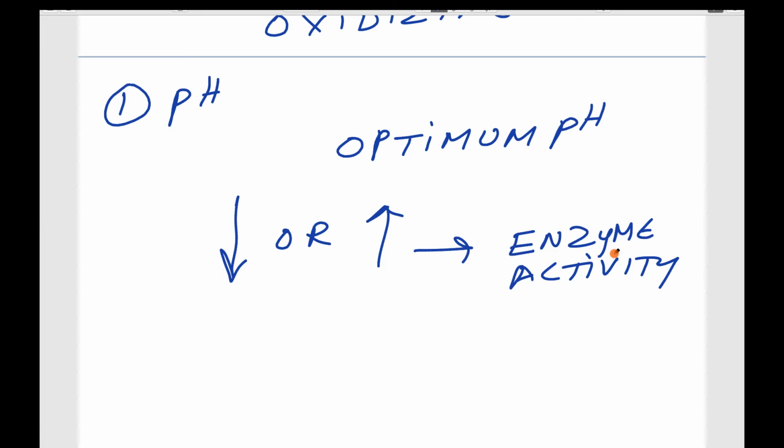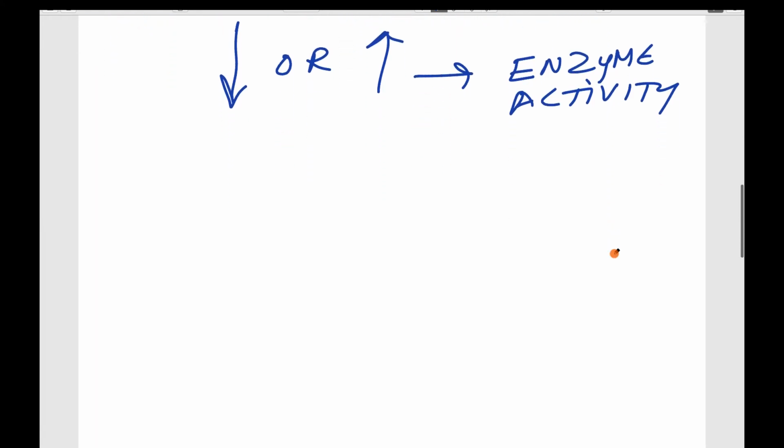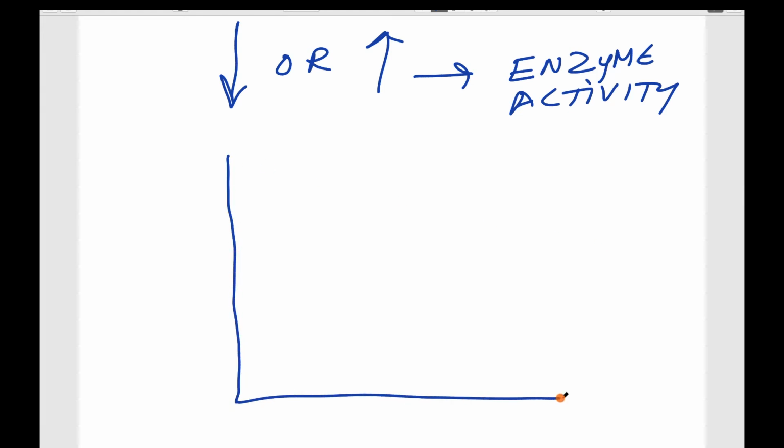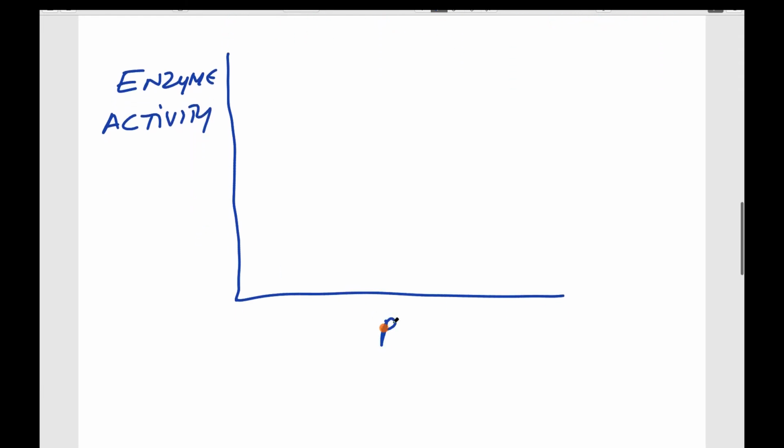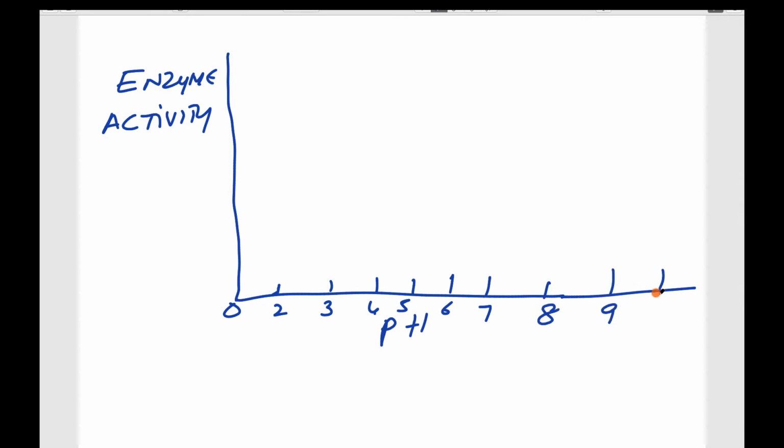The relation between enzyme activity and pH we can show in graphical form, through a curve. On one side it is enzyme activity, and here it is pH, on a scale of 2, 3, 4, 5, 6, 7, 8, 9, 10.